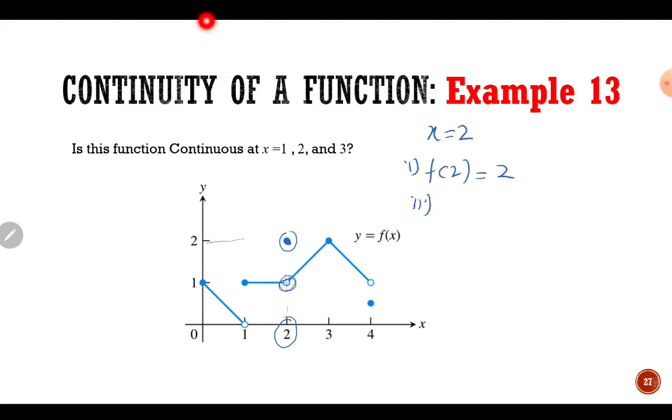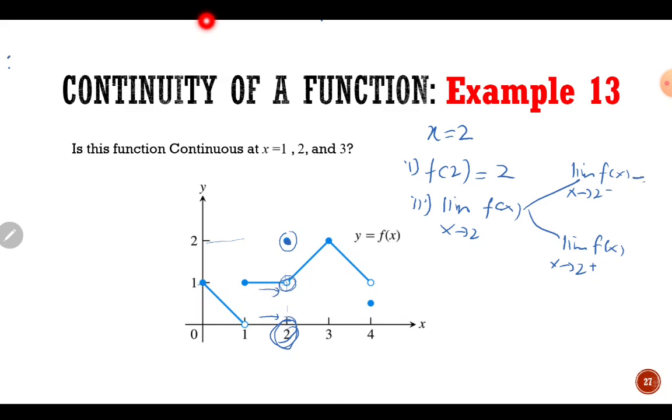Then we proceed with the limit of f(x) as x approaches 2. We consider both sides: the limit of f(x) as x approaches 2 from the left, and the limit of f(x) as x approaches 2 from the right. From the left, looking at the curve, it equals 1.